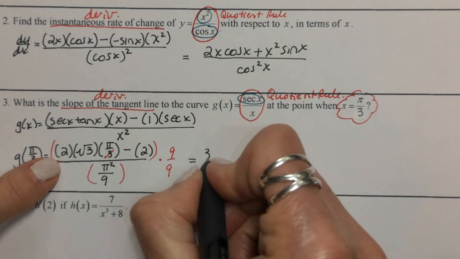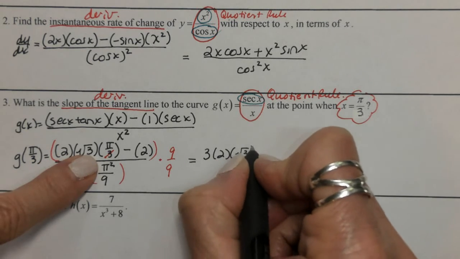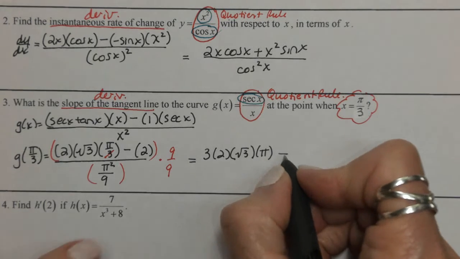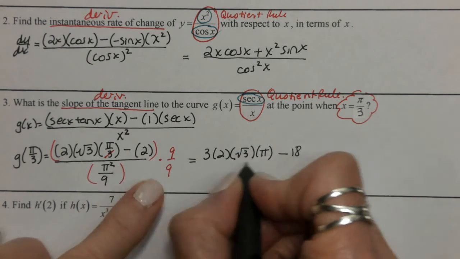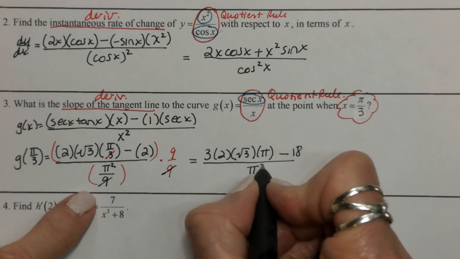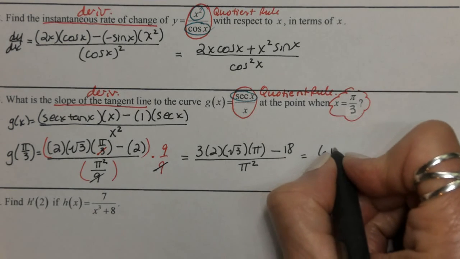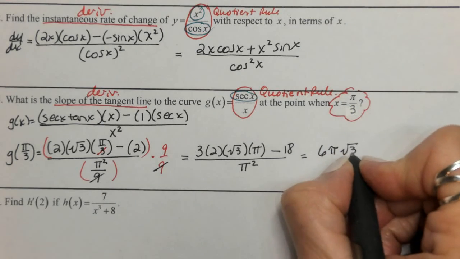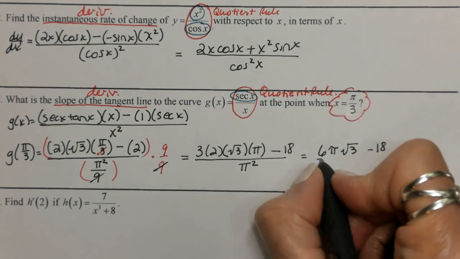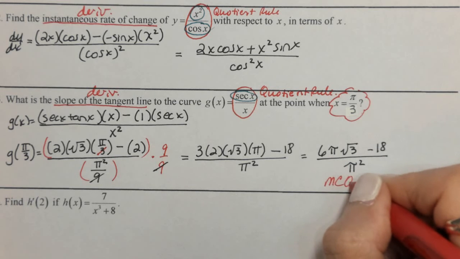So that will be that 3 times the 2 times square root of 3 times pi, minus 2 times 9 is 18, divided by, these 9's cancel out, leaving the pi squared. So this is 6. Usually we see a pi before a root. So 6 pi square root 3 minus 18, all divided by pi squared. This would be the multiple choice answer.